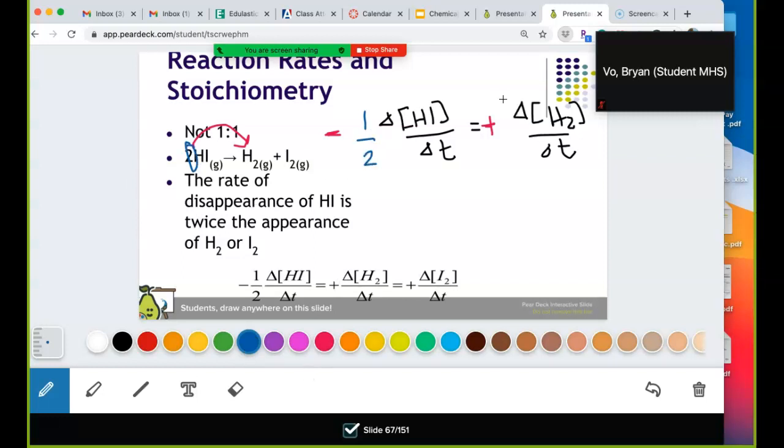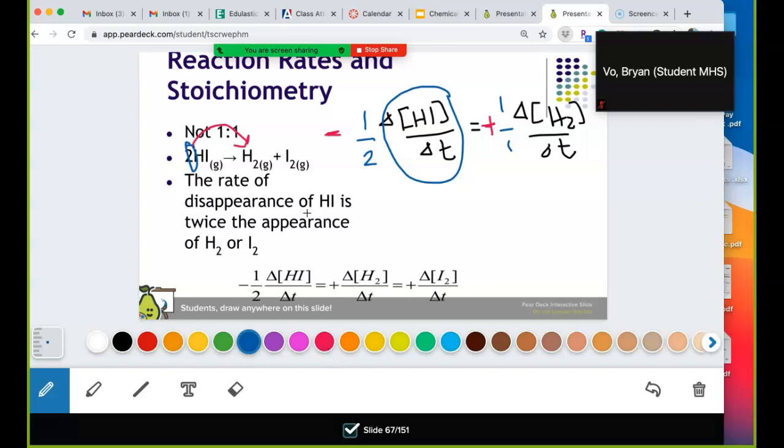And for this one, you would do 1 over, there's a 1 in front of here, right? So how would you compare the rate of HI to the rate of H2? Well, you would just rearrange. Solve for the rate of HI. Now, leave the negative sign over here because this guy's going to lose concentration. How do I get rid of the 1/2? Well, that means I'd multiply by 2 over 1.